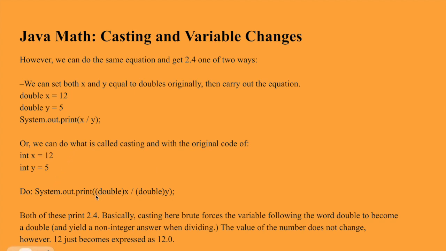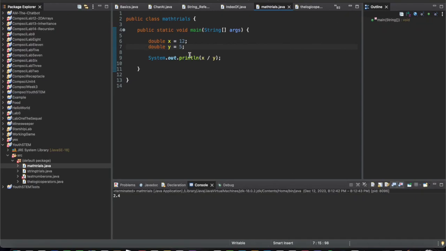You have to put the word double, lowercase, in parentheses before the variable, and then double in parentheses before the next variable. Sorry, both of these will print 2.4. They'll print the 0.4, I'm sorry. All right. So then we have double, and then double. This is called casting, as the slides say.